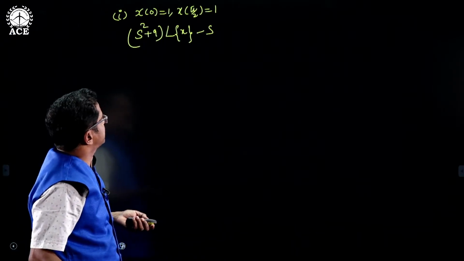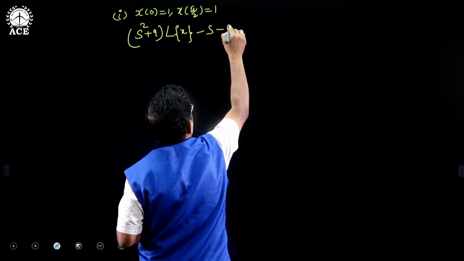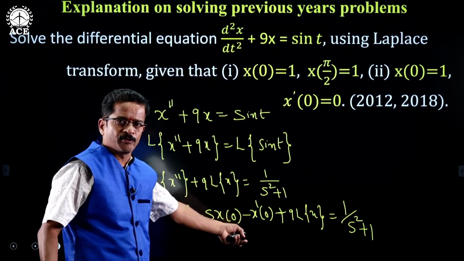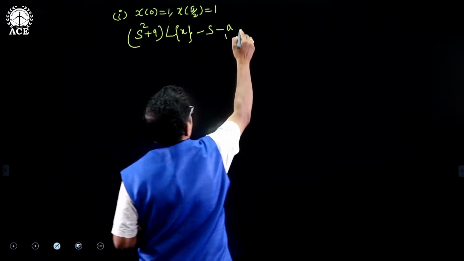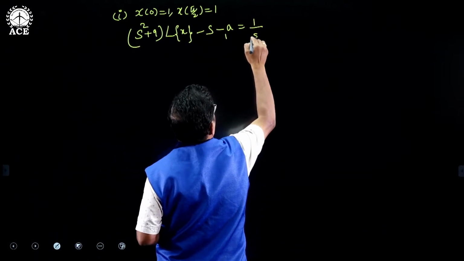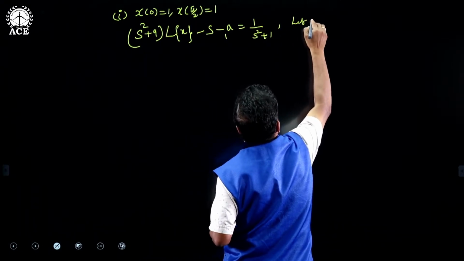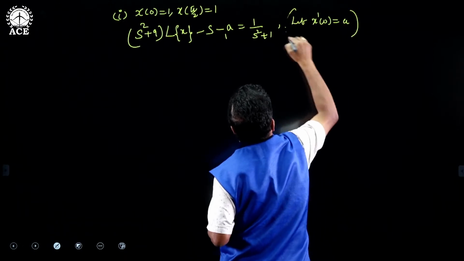We don't have x dash of 0, so let us take it as a. x dash of 0 I am assuming as a, a value I don't know, equal to 1 by s square plus 1. So let x dash of 0 equal a.